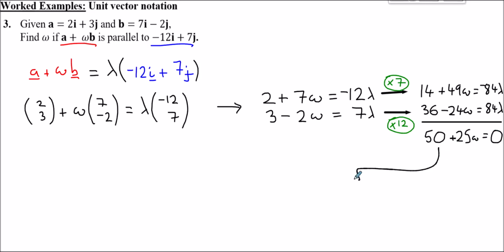So now we can take this and fairly easily rearrange it. Subtract 50 from both sides gives us 25 omega equals negative 50. Divide through by 25. We therefore see that omega must equal minus 2, which is what we wanted to find all along.